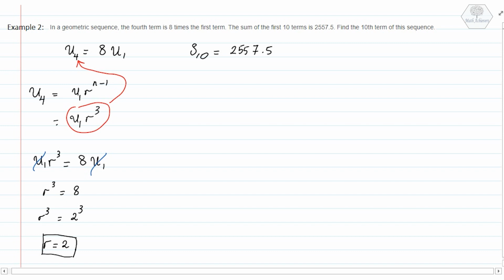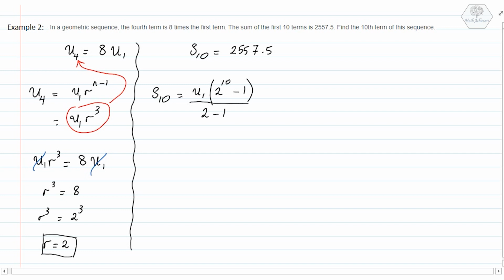Now we need to apply S of 10 to find u1. Let's start. So S of 10 is equal to u1 times r to the power of 10 minus 1, over r minus 1, which is 2 minus 1. And I know that S of 10 is given by the question, which is this value.